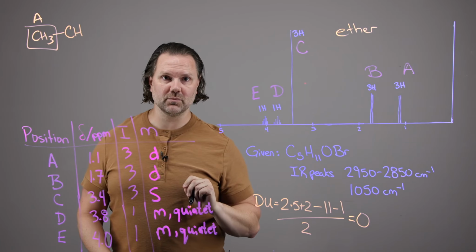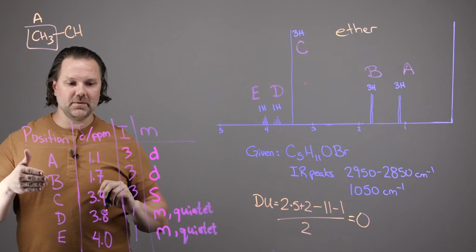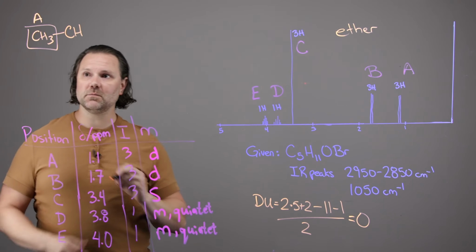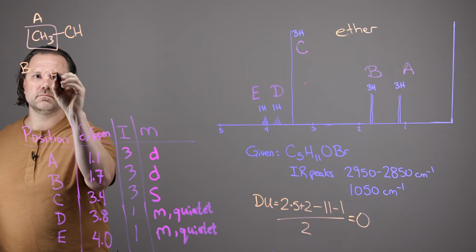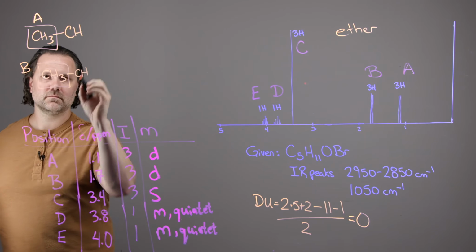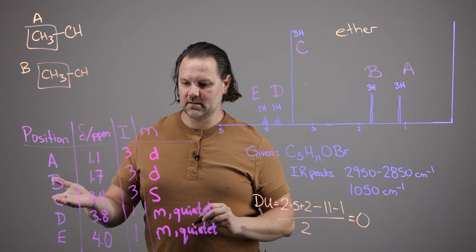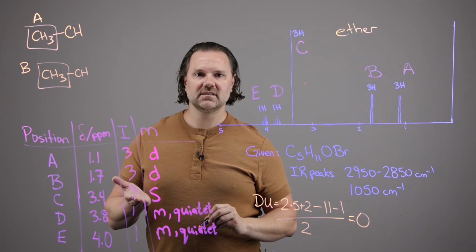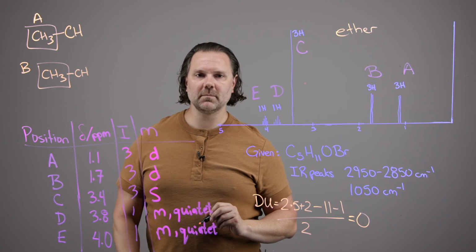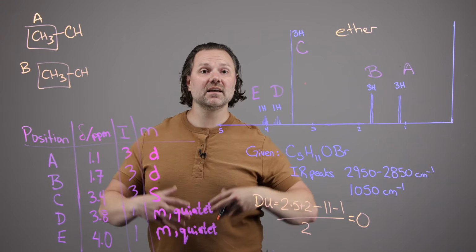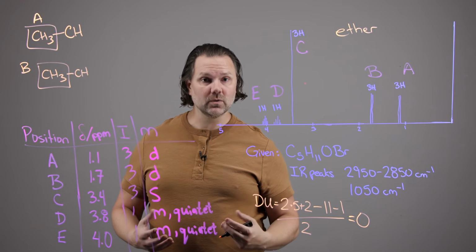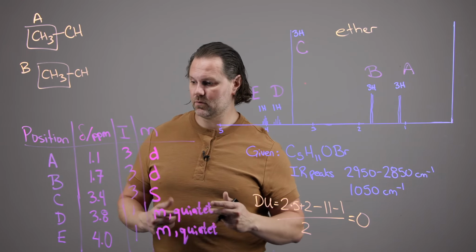Just one neighboring proton. Signal B is similar. Signal C is a CH3 group showing up as a singlet, meaning that whatever it's attached to, there are no neighboring protons.